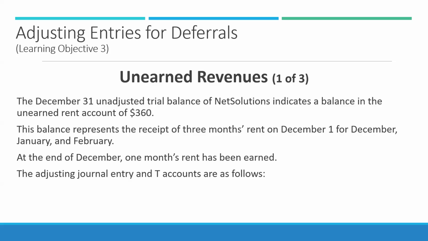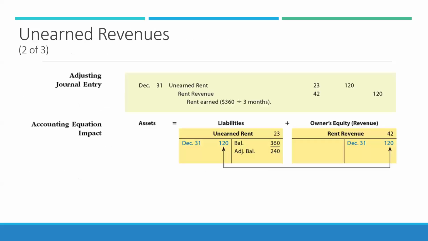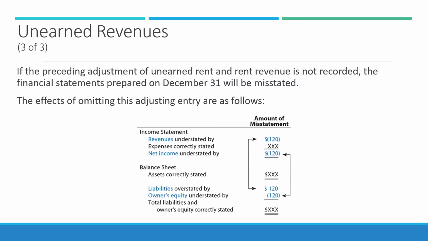So in this case, you see our debit, unearned revenue, and we credited our rent revenue. If the preceding adjustment of unearned revenue and rent revenue isn't recorded, then the financial statements would be off because we would be showing more liability than is true, and we would be showing less revenue than is true. Make sense?